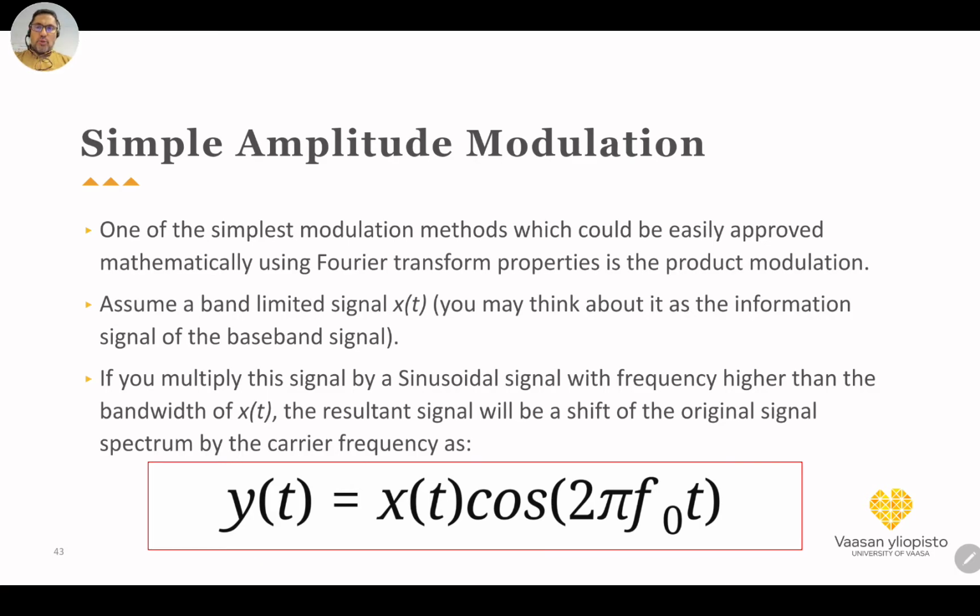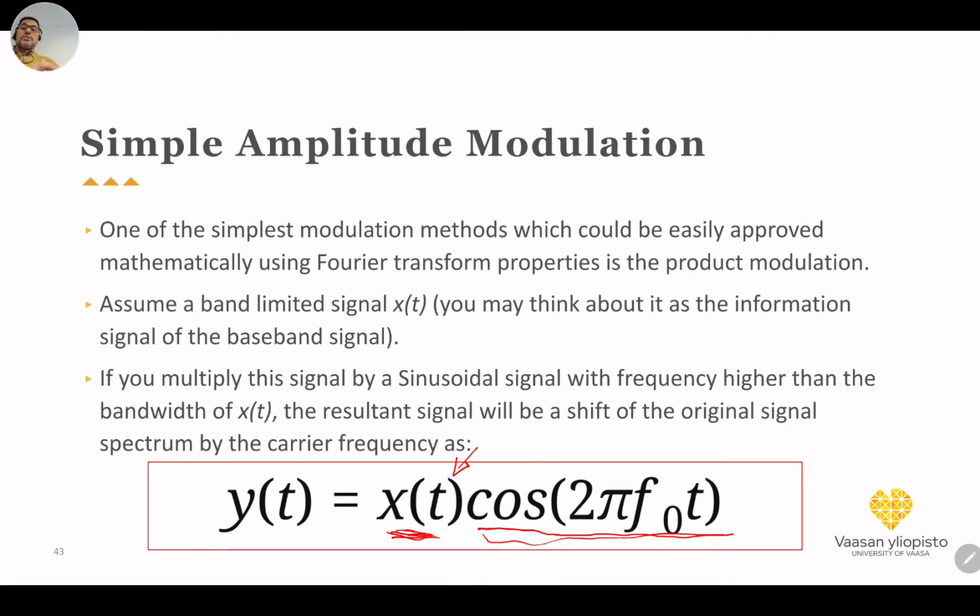Okay, now we take a simple amplitude modulation. Maybe the simplest form of amplitude modulation is just the multiplication of the information signal x of t, or the baseband, by the carrier signal, which is cosine 2 pi f0 t. So this could be seen as the simplest form of amplitude modulation. x of t can be an analog signal or it can also be a digital signal.